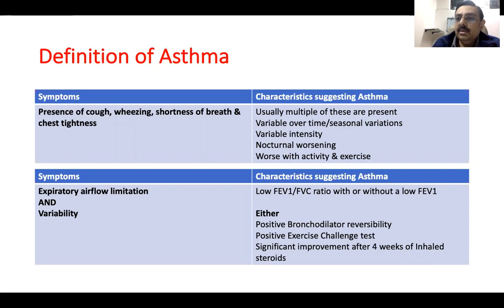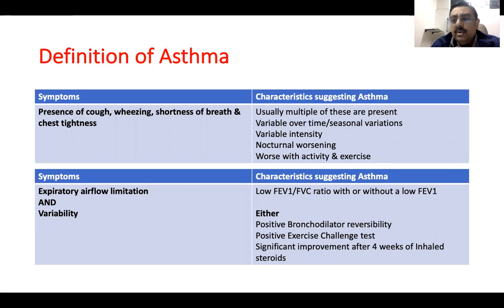In addition, GINA talks about getting the lung function done, classically spirometry. If you have a low FEV1/FVC ratio and you show reversibility in any form, you will label that as asthma. That definition doesn't distinguish between adults and the pediatric age group.